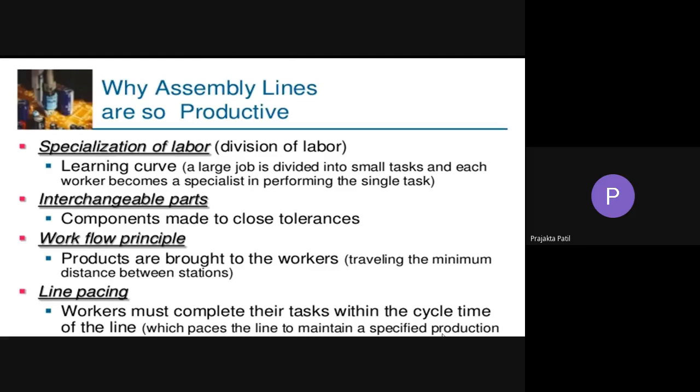Next principle is interchangeable parts, that is, components are made to close tolerances. Of course, when it comes to assembly lines, if this particular principle is not applied, then there cannot be assembly lines itself. So interchangeable parts is a very important thing to be considered here, because each component is manufactured to sufficiently close tolerance that any part of a certain type can be selected for assembly with its mating components.